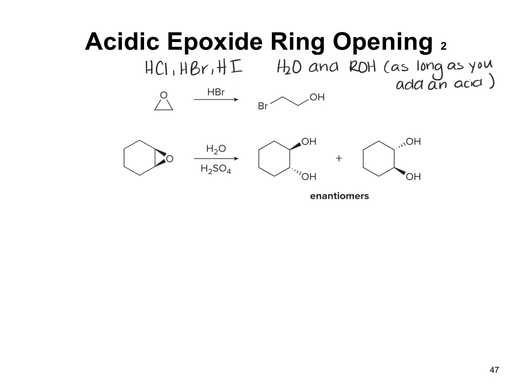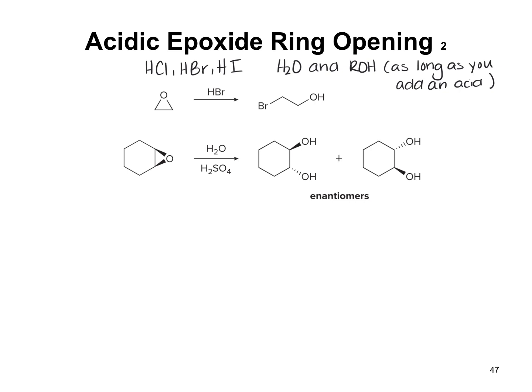So, for example, this would be one of those halogen acids being added, HBr. But this would be an example where you had water and then a little bit of an acid added as well for that ring opening reaction.